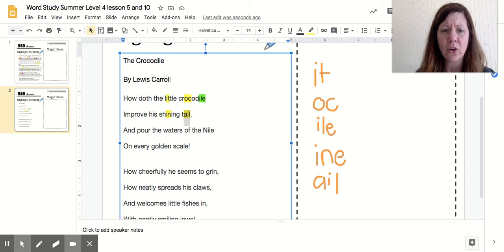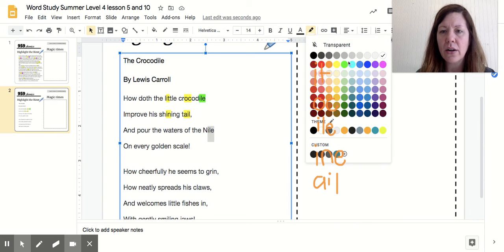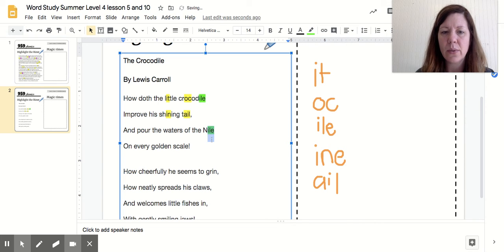How doth the little crocodile improve his shining tail and pour the waters of the Nile on every golden scale? How about Nile? What's the magic rhyme there? I-L-E. And we already had it on crocodile. So we see it again. We don't need to write it again, but we see it again.